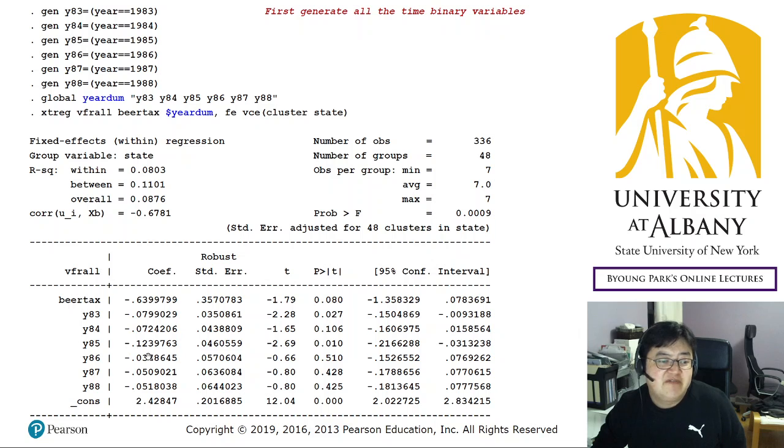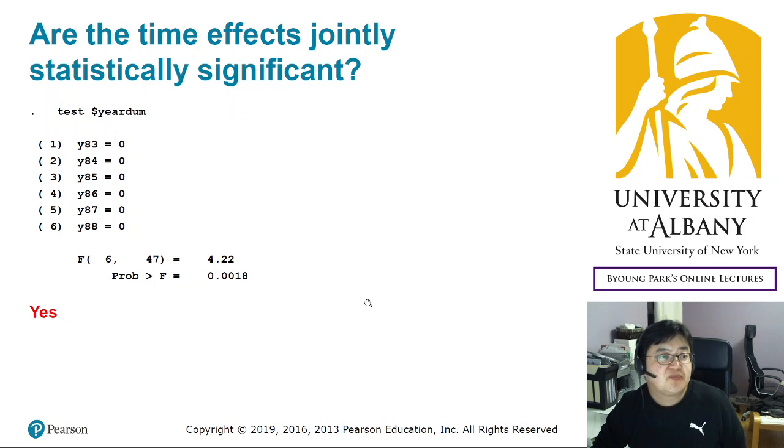Also in 85, the fatality rate dropped in all states by this much. Don't know why. And the effect of beer tax is still negative. However, the p-value is now 8%, which is greater than our significance level of 5%. So unfortunately, it's not significant.